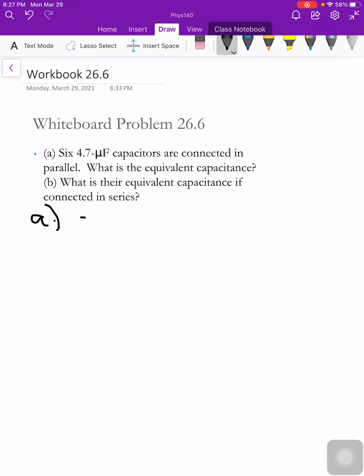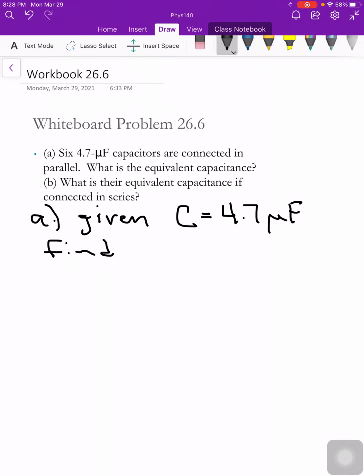So we're given that our capacitance, they're all the same, so C for each one is going to equal 4.7 microfarads. And we want to find C equivalent.